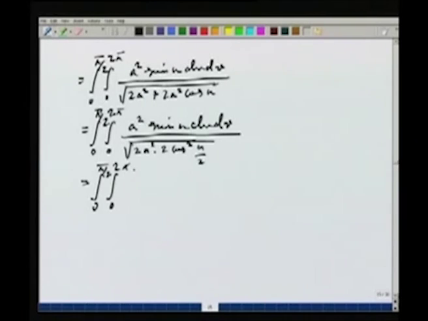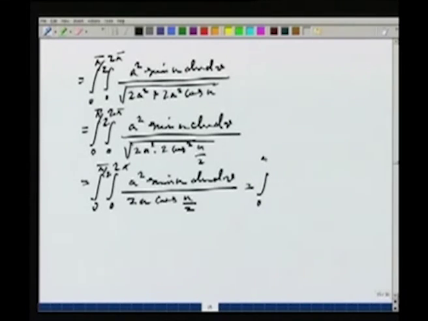What I get is a square sin u du dv divided by twice a cosine u by 2, that then is equal to 0 to pi by 2, 0 to 2 pi, a sin u by 2, because sin u I can write as twice sin u by 2 cosine u by 2. So cosine u by 2 cancels, 2 also cancels, 1 a cancels, I get du dv.